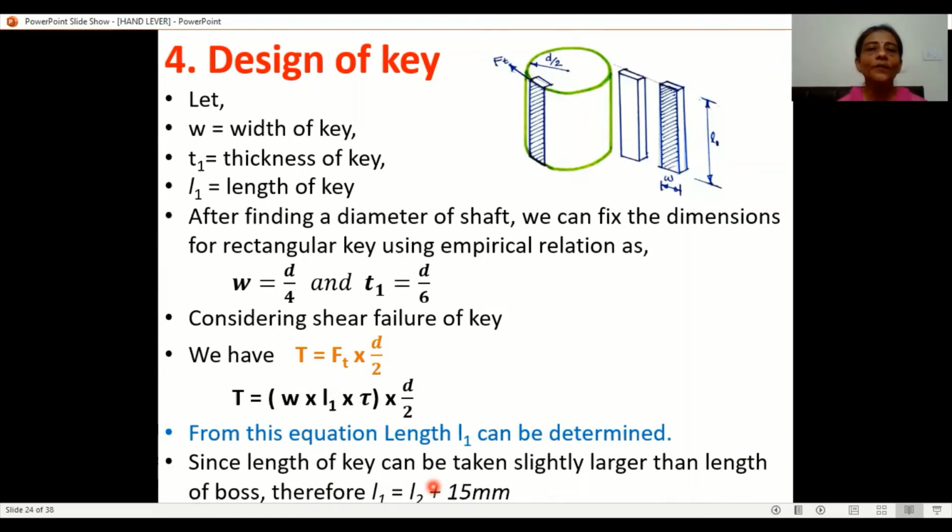So the length of the key will be L2 plus 15 mm. If we use this relationship, we can find tau induced from this equation. Otherwise, we can find the length of the key from this equation. So that is about the design of key.